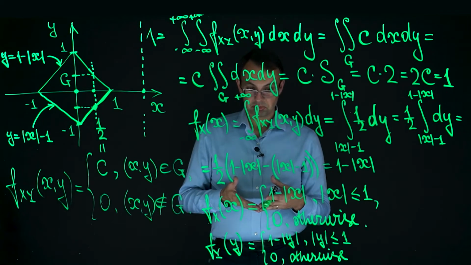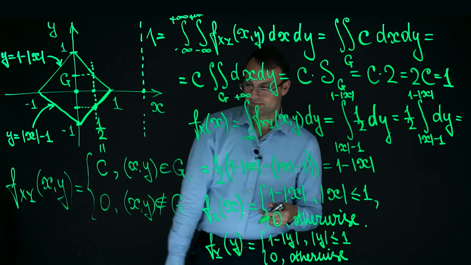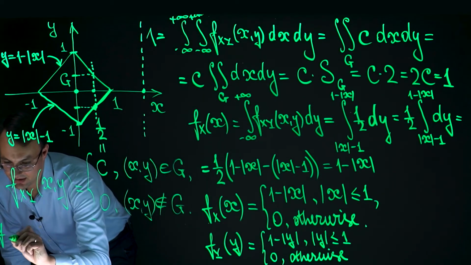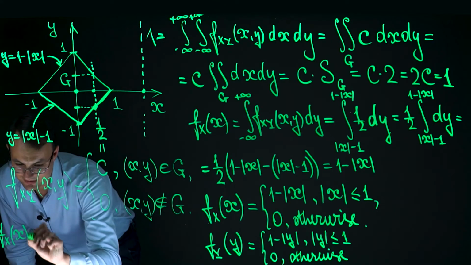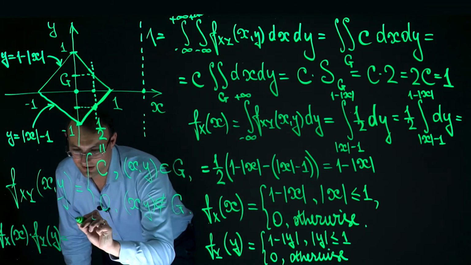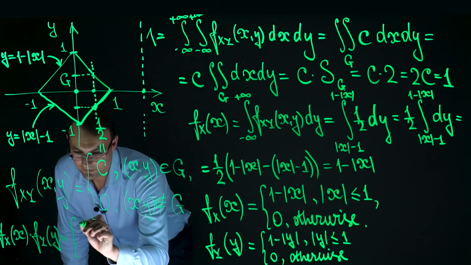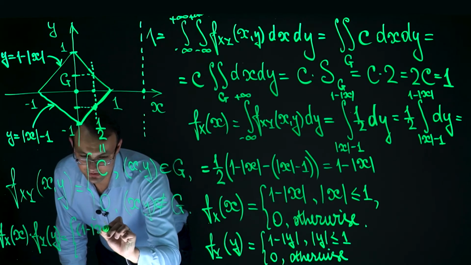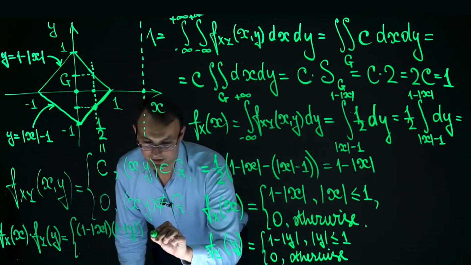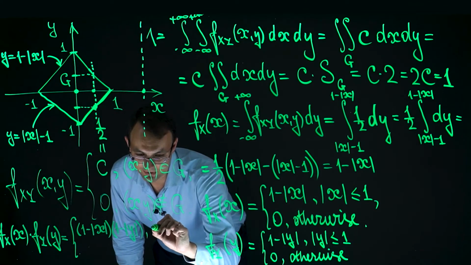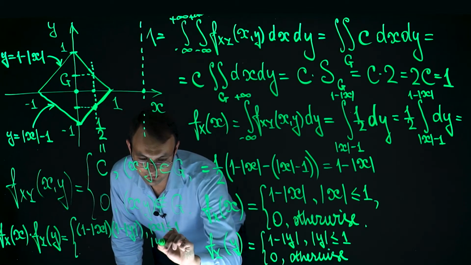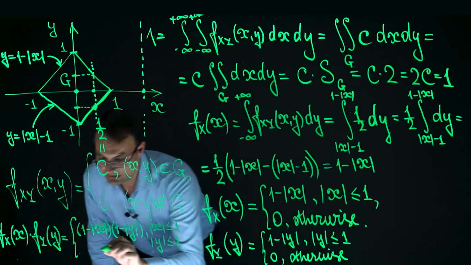So if we multiply them, we will see that fx of x times fy of y is equal to 1 minus modulus x times 1 minus modulus y if both x and y are from minus 1 to 1, and 0 otherwise.